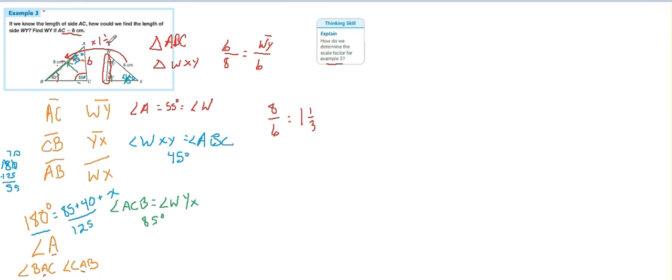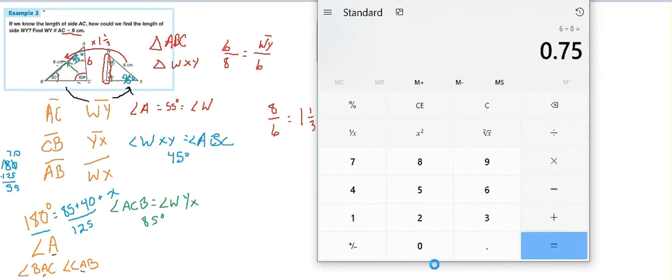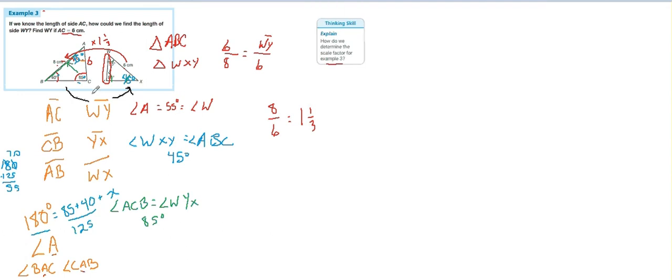Now if I go the other way, what would I multiply by to get to the smaller one? Then I do 6 divided by 8, right? You'd have to multiply by 3/4 to go small. You were probably saying, I know what 6/8 reduces to. Sorry for taking the extra time.